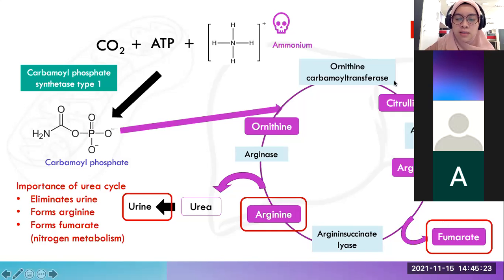So there is no direct relation in how the urea cycle produces ATP, but it produces intermediates which can be used in metabolism, and those metabolic reactions can produce ATP.